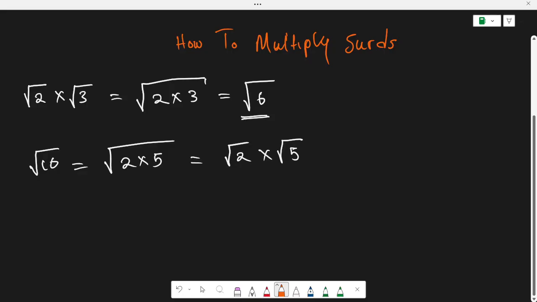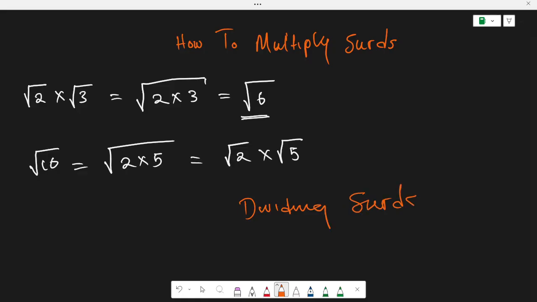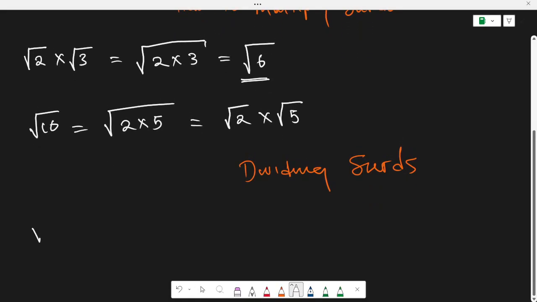Next thing that you are going to look at is how to divide surds. Say you have root 2 divided by root 3.